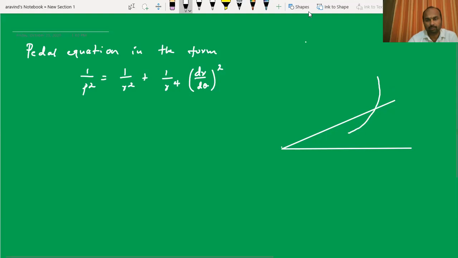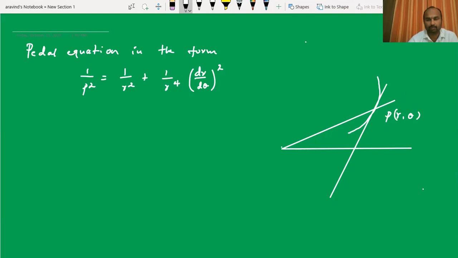For this curve, draw a tangent. So this is the point P of r comma theta.